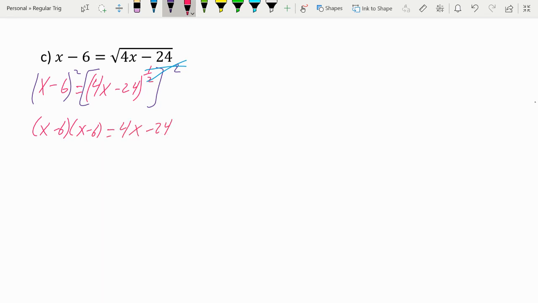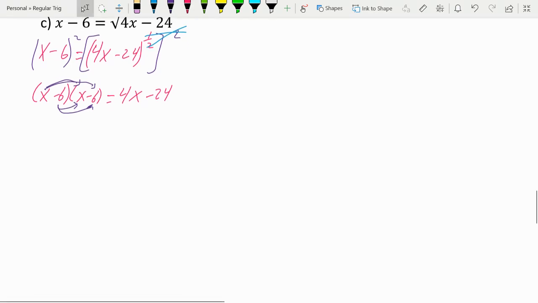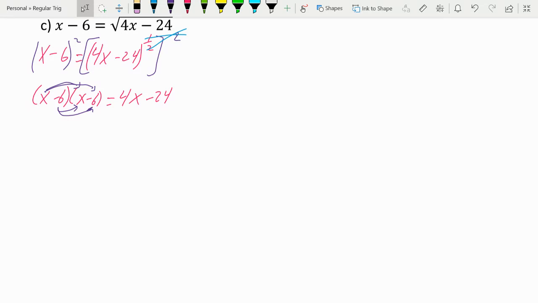All right, again, FOIL, double distributive property. Whatever it is you want to do, I'm going to go through this a little bit faster now. Hopefully I don't screw anybody up, but at this point, guys, seriously, you should know how to do FOIL or double distributive property. You should know how to multiply. So we end up with x squared minus 6x plus 36 is equal to 4x minus 24.